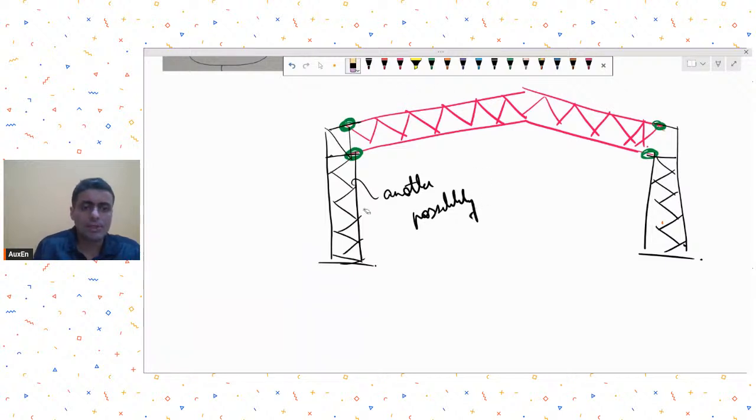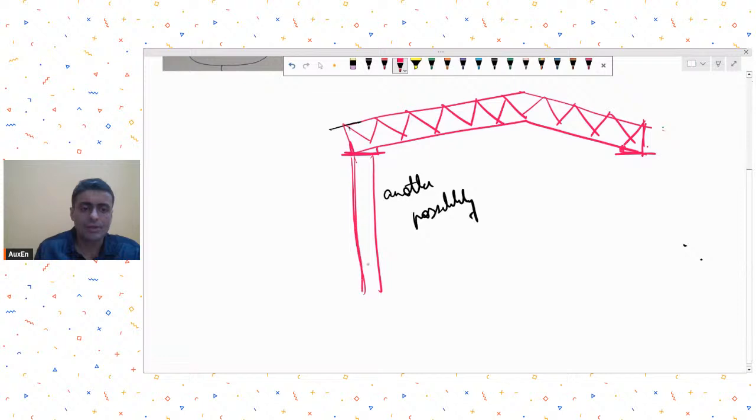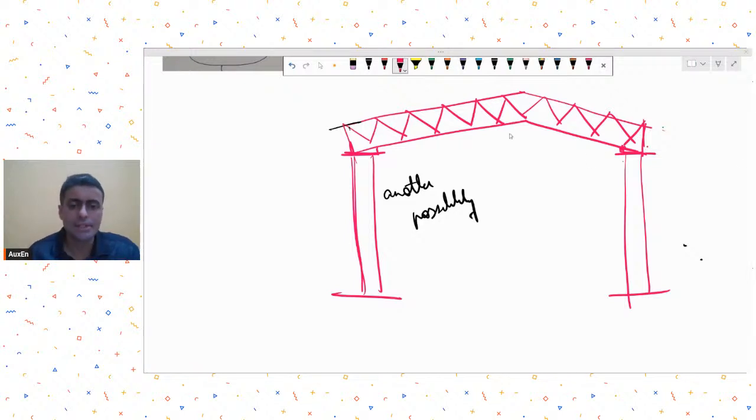Another possibility could be that you have your hollow section truss, so this is my hollow section truss. Now you may put a plate over here, you may put some stiffener arrangement, and you could have your regular column below this, just like a normal system. Although that will not be very popular, because in this case there will be a lot of horizontal thrust generated due to the shape of this truss.